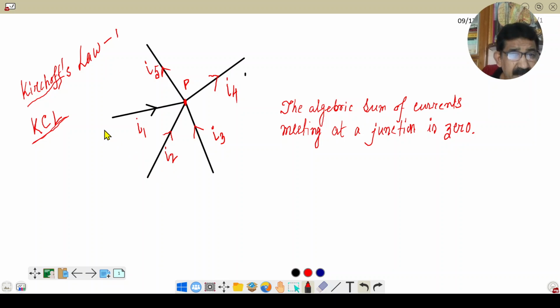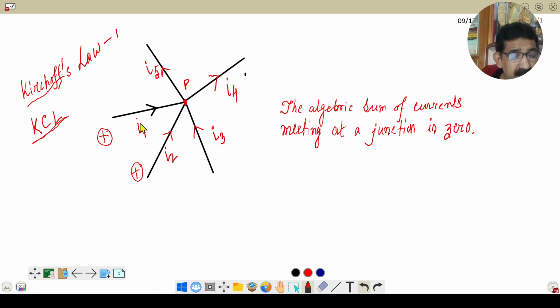If the current coming towards the junction P is considered positive, then all the currents coming towards this junction should be considered positive.